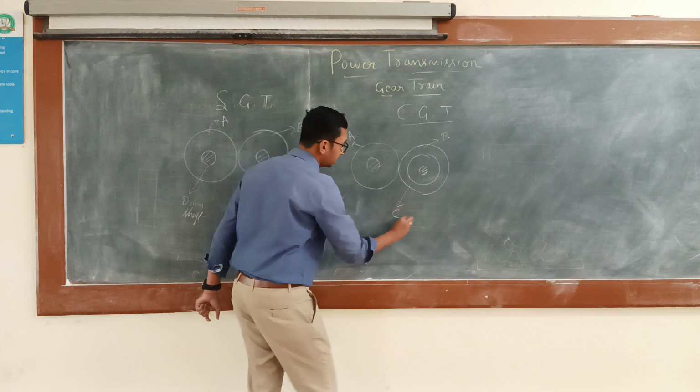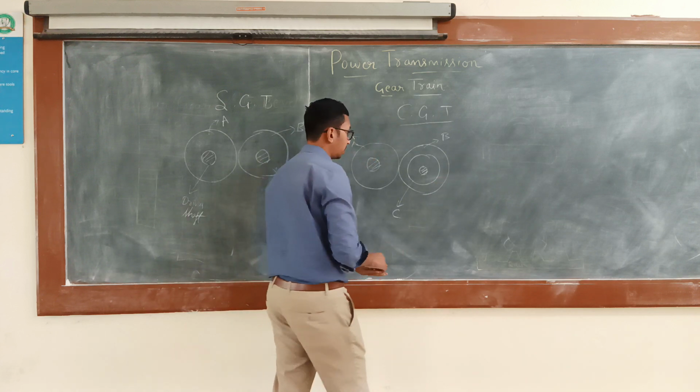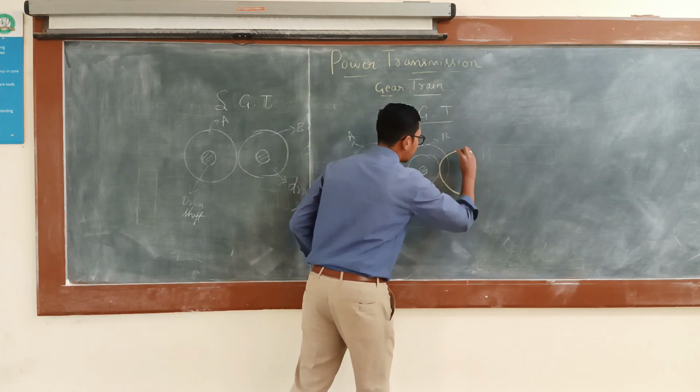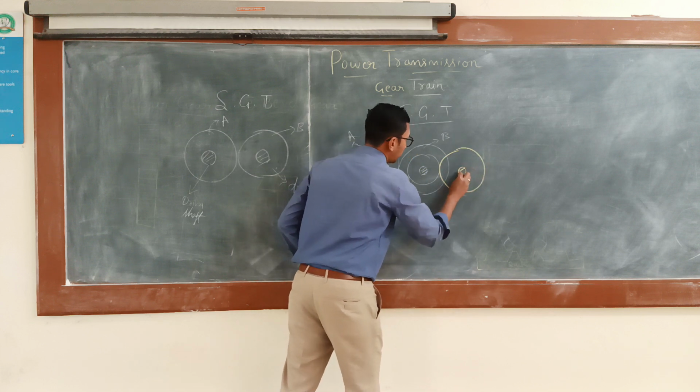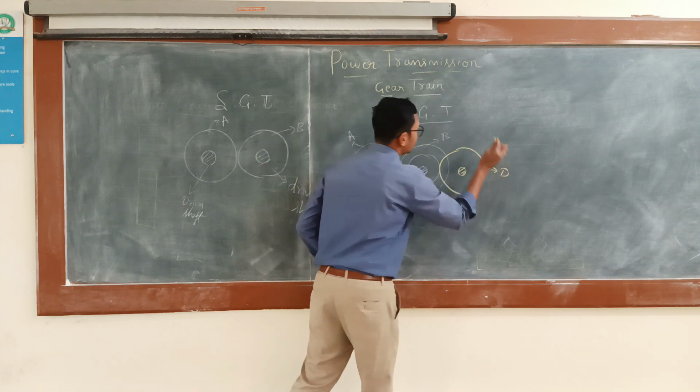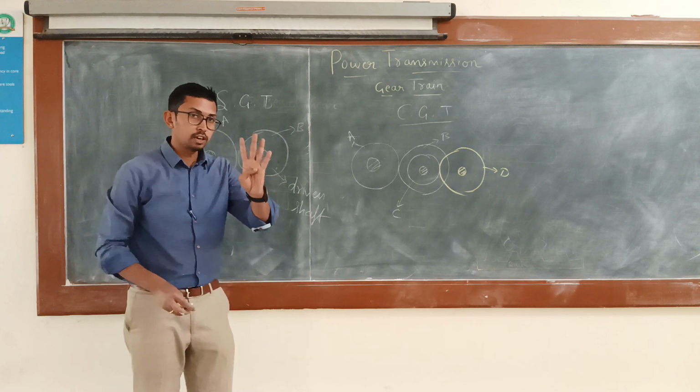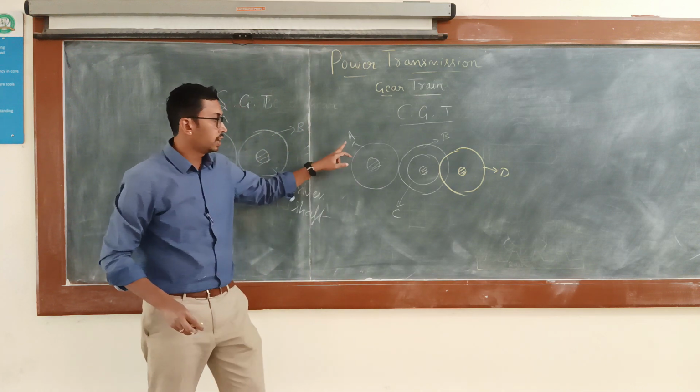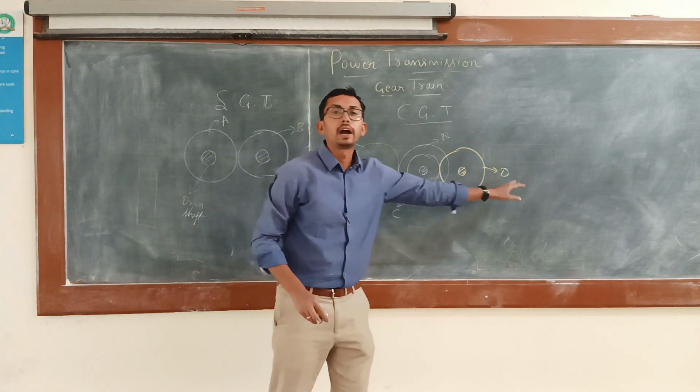This is gear C, and another one is gear D. See how many gears are there? There are 4 gears, that is A, B, C and D.